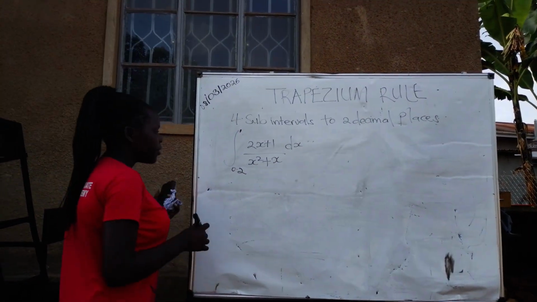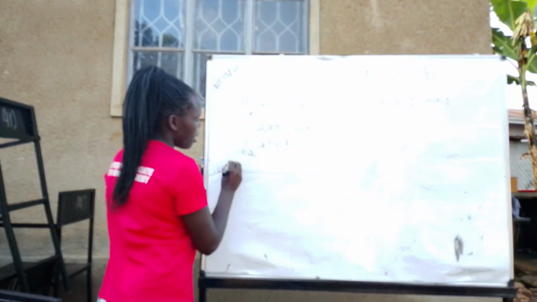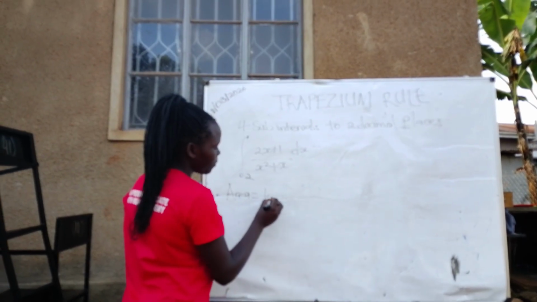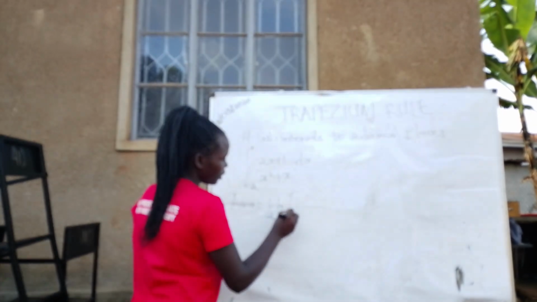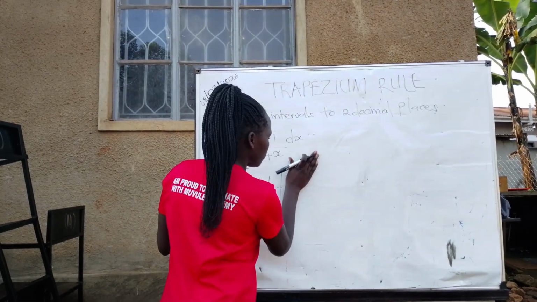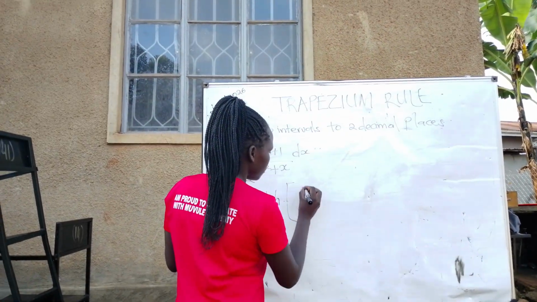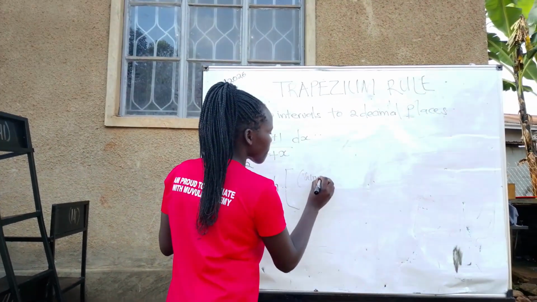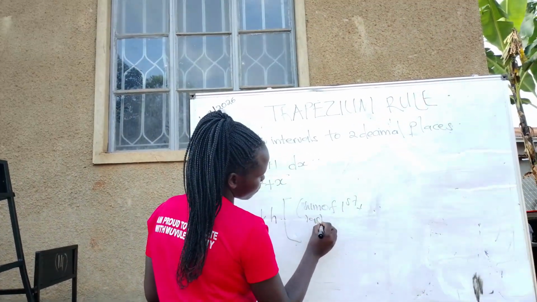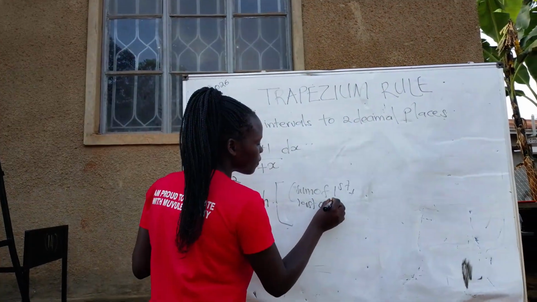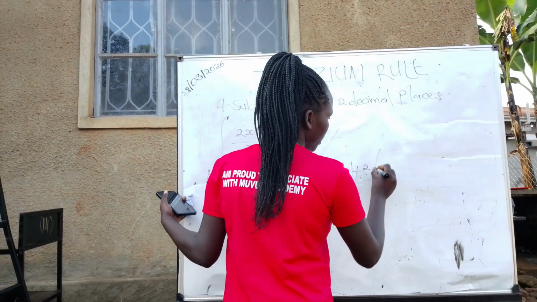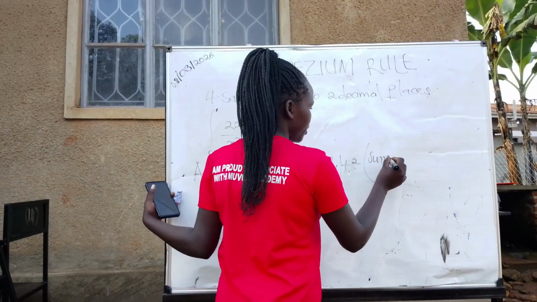We are going to use our formula, which says that area equals a half height times the sum of the first plus last ordinate, plus 2 times the sum of the remaining ordinates.